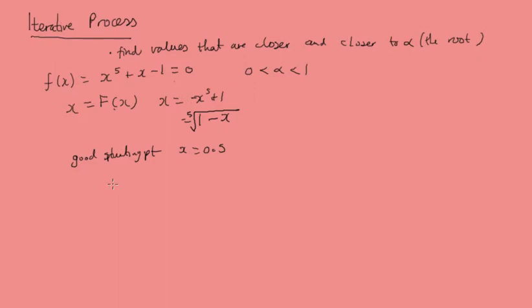If we have the fifth root of 1 minus 0.5, that is going to be 0.87055. So we're going to draw a table, with our value of x and our value of f of x.